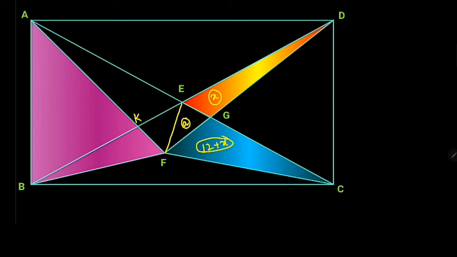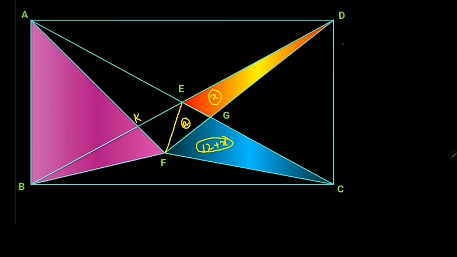In the figure, if you observe, BE and ED are equal because E is the point of intersection of diagonals. Therefore, the area of BEF and DEF will be equal.